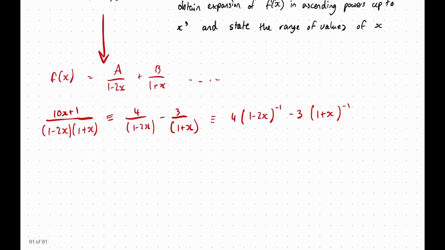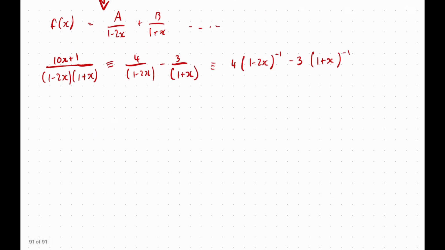At this point, rather than dealing with it as one long string, my best advice is to write out 4 times (1 minus 2x) to the minus 1 as its expansion, and minus 3 times (1 plus x) to the minus 1 as an expansion. I know I've put the minus 1 in the wrong place there, that was a massive error.